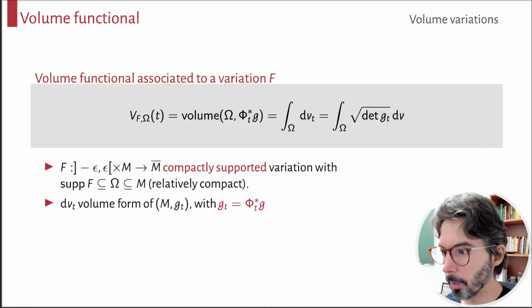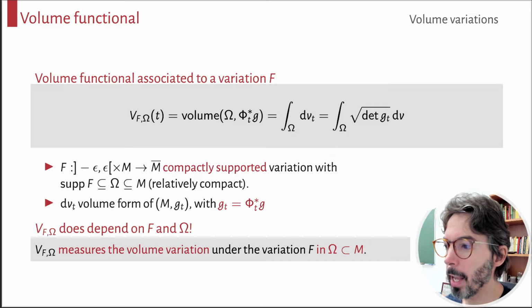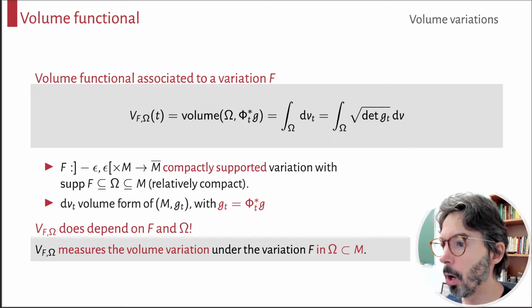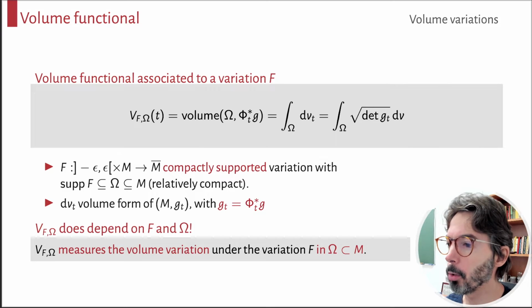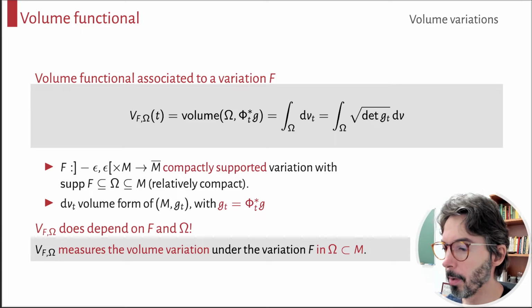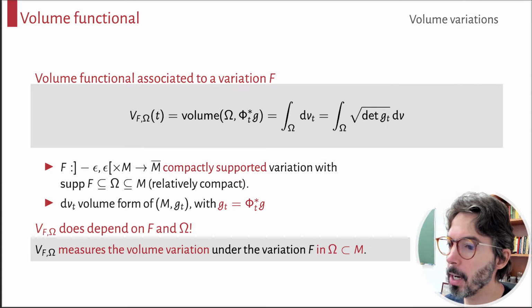And what I would like to highlight is that the volume functional does depend both on the variation F, and also on the relatively compact omega where we consider the variation. Okay, so actually V just measures the volume variation in omega.